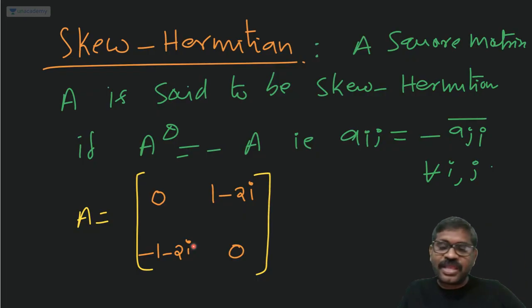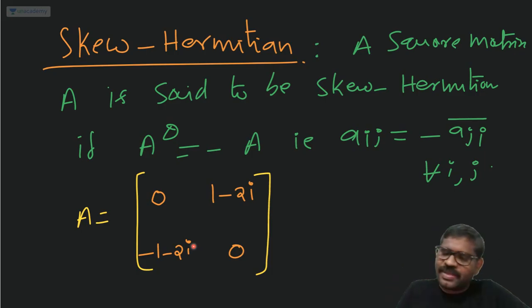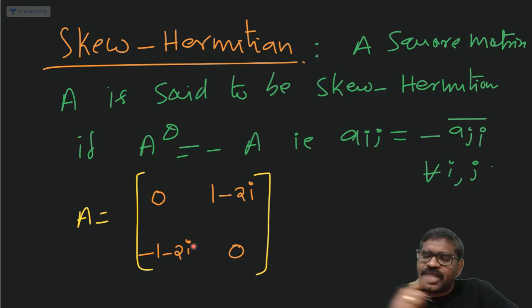Observe. Hermitian, skew Hermitian. So the speciality of skew Hermitian is, not only 0, but also imaginary you can take. But you have to take purely imaginary.